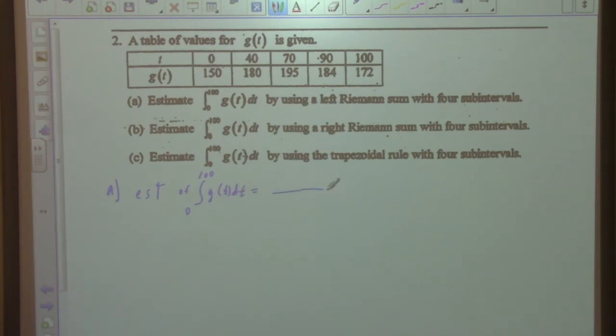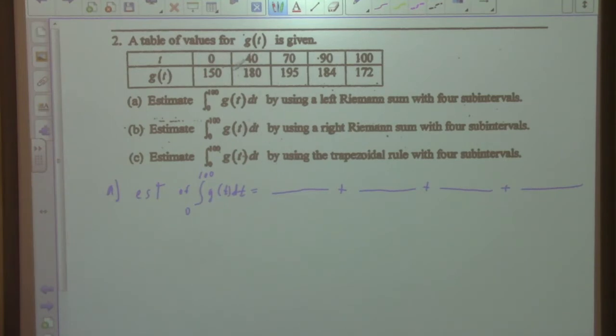So I like to just draw the blanks first, because then we just have to fill in the blanks. So we want to use a left Riemann sum.